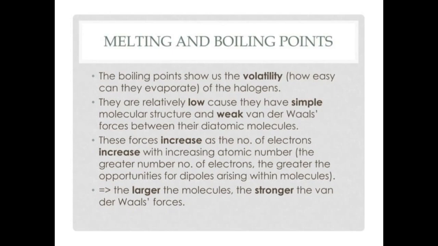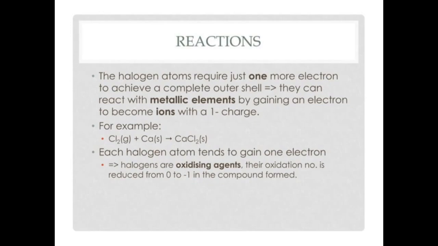the group. Okay, so let's look at the reactions of halogens quickly. For instance, halogens require just one more electron to achieve a complete outer shell, to make an octet structure.